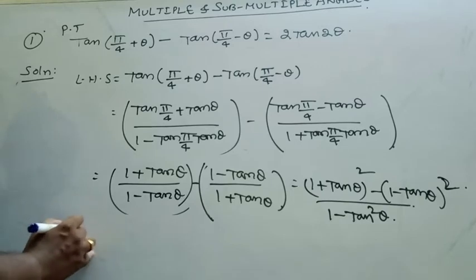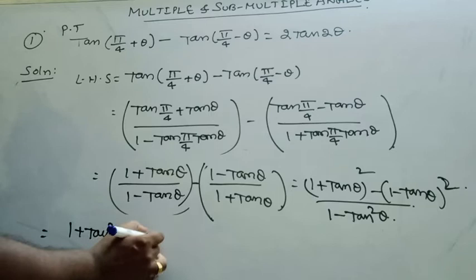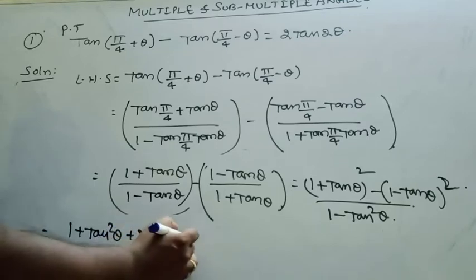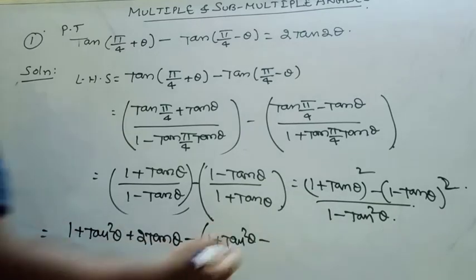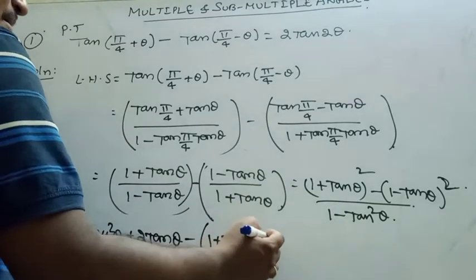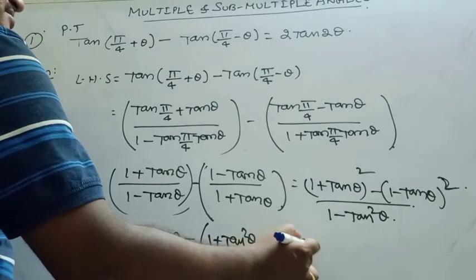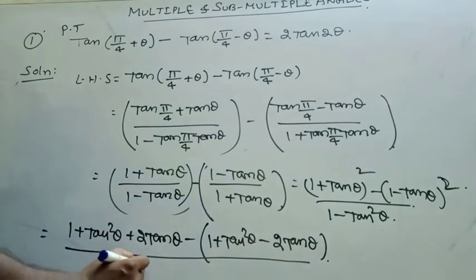This is equal to 1 + tan square theta + 2 tan theta, minus (1 + tan square theta - 2 tan theta), whole thing divided by 1 - tan square theta.